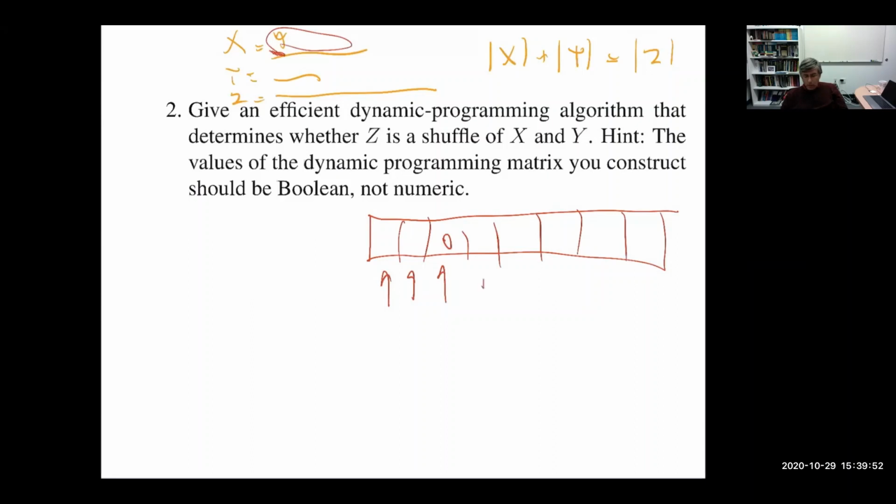Then I'm going to look in Z for the next letter of my word, and keep walking like this. Notice, though, that there can be a lot of choices for what the first letter is and what the second letter is.